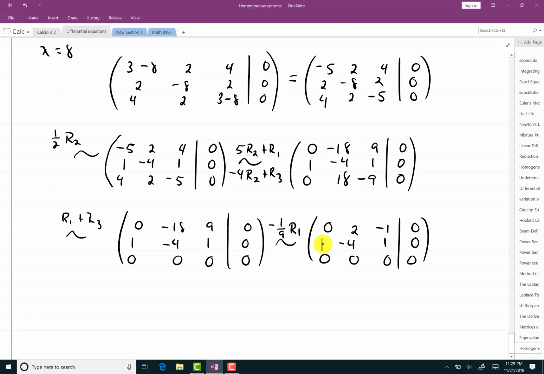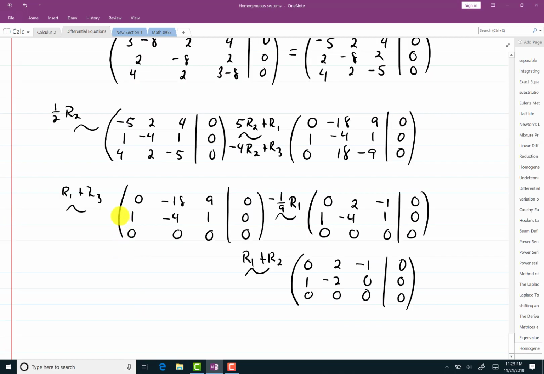Now to finish off the deal, I think what I'll do is add row 1 to row 2. What I'm trying to do is make this very easy to see what's going on here. 0, 2, negative 1, 0 down the last column. When I do that, 2 minus negative 4 will be negative 2, but the 1's will cancel.